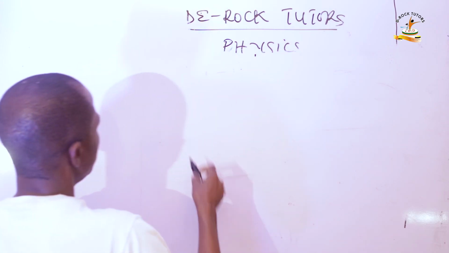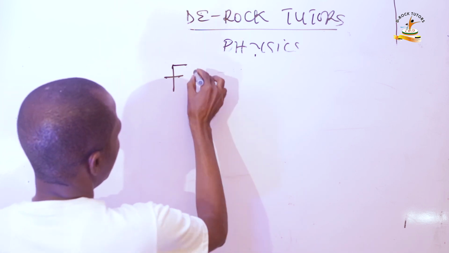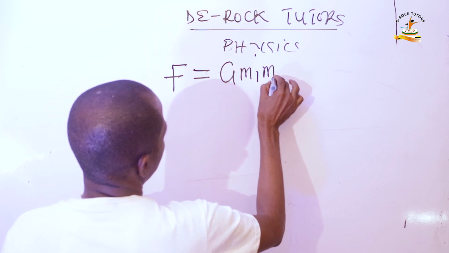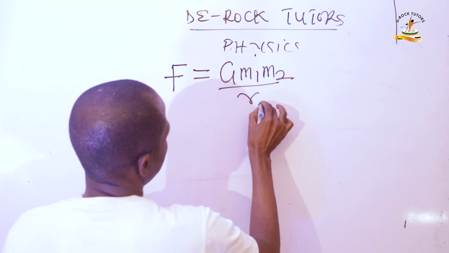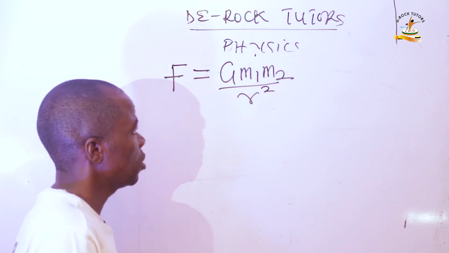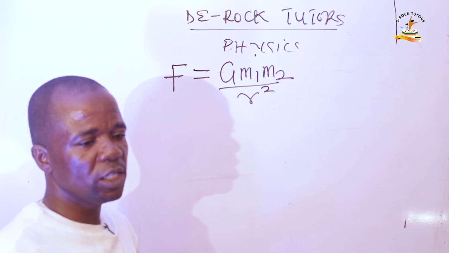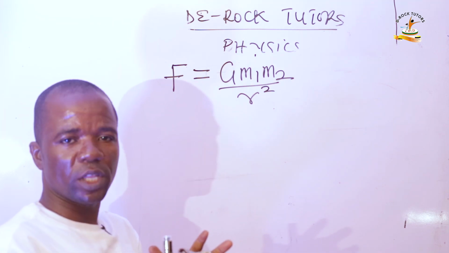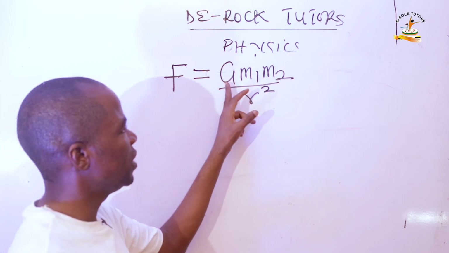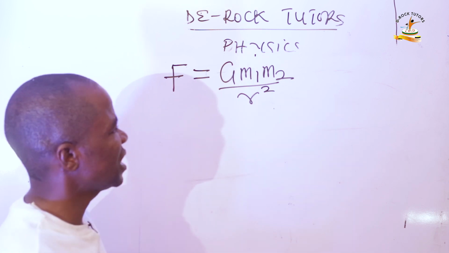First things first, you remember that in Newton's law of universal gravitation, F is equal to G m1 m2 all over r squared. Don't forget that Newton's law of universal gravitation tells us that every object in the universe attracts each other with a force that is directly proportional to the product of their masses and inversely proportional to the square of their distance apart.